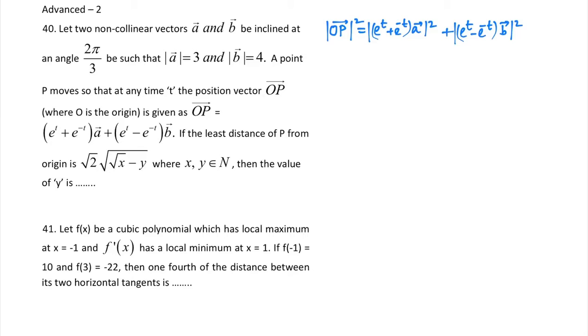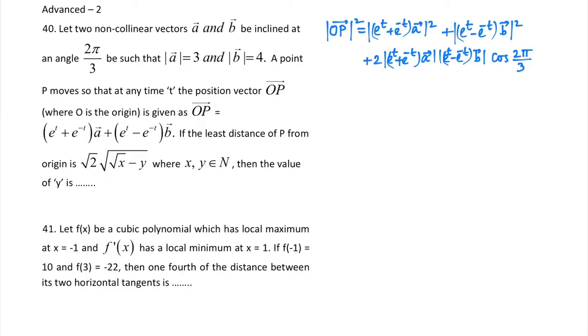Then I will have to take another term, that is plus 2 mod a (e power t plus e power minus t) whole into a vector, mod into mod b, that is (e power t minus e power minus t) into b vector, whole mod into cos of 2 pi by 3.